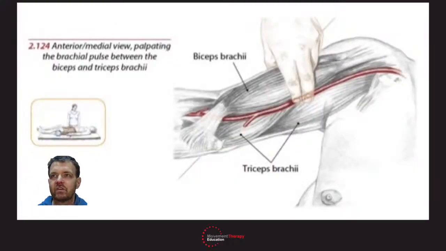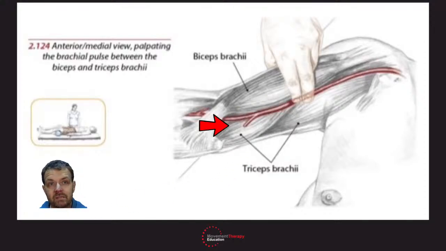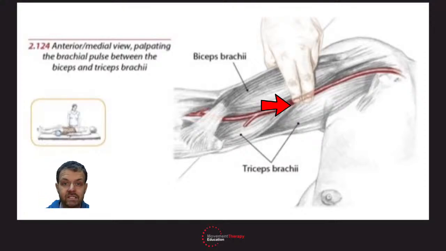Right, let's finish off this region then. So we've got the blood supply coming down here, and this is a typical place to assess the arterial supply for the arm.